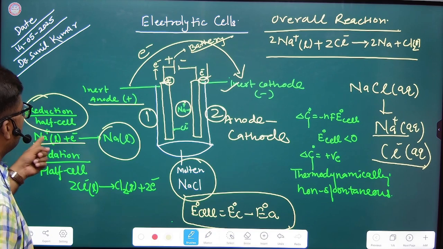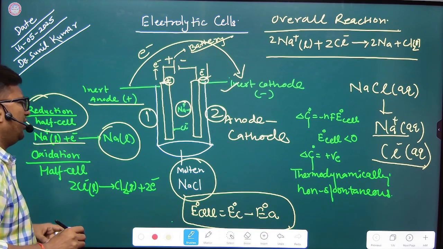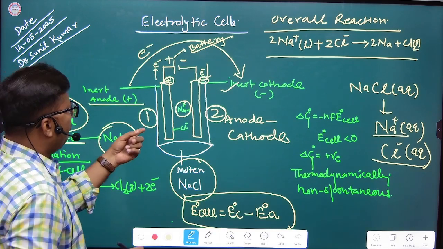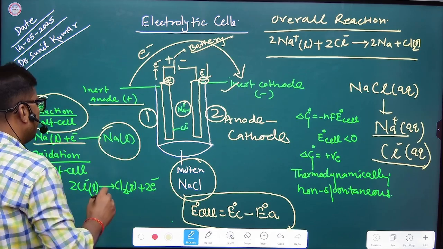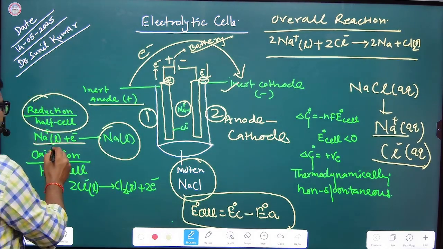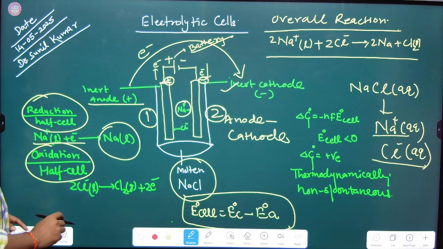So Na+ plus e- gives Na. And the other electrode, that is the anode, is where the oxidation half cell takes place.